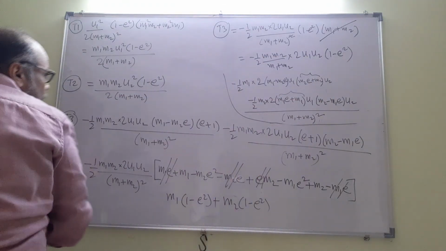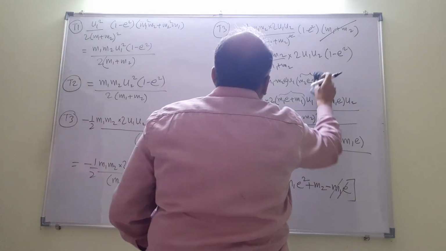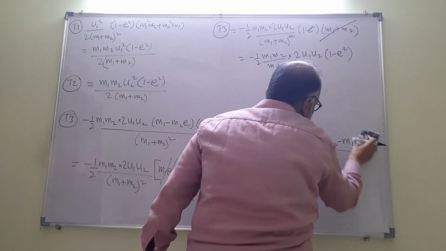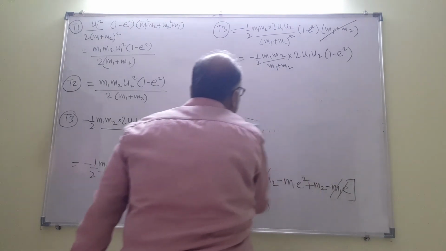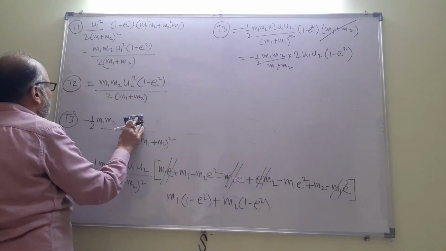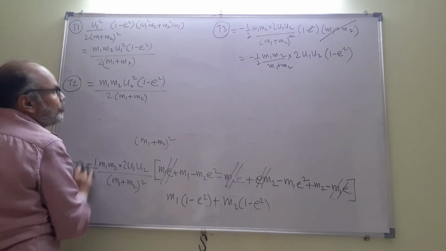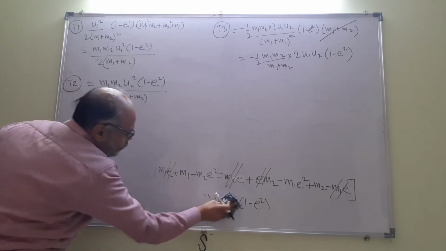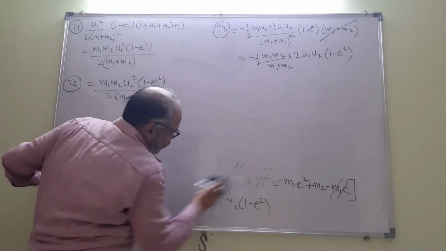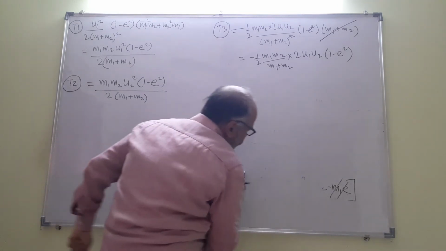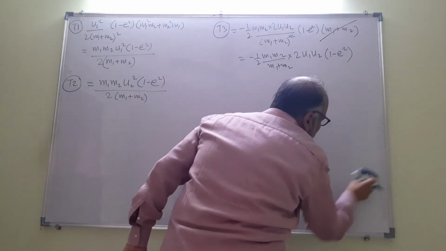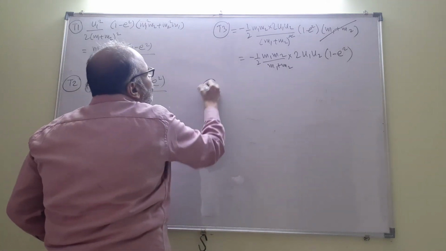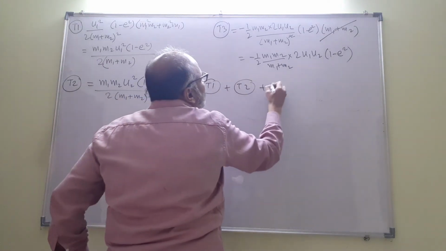So let's add all these three terms now. That is the third term we got. So if you add these three terms, you have the final answer. A bit tedious, but the final answer is very neat. So T1 plus T2 plus T3. We want term 1 plus term 2 plus term 3.